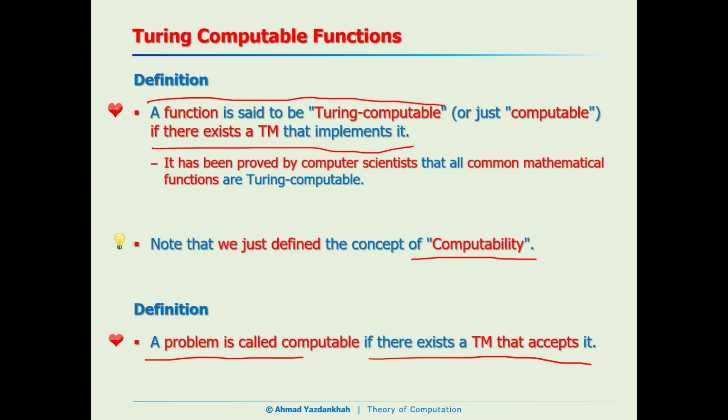And when we say a Turing machine accepts it, it means that the Turing machine solved that problem. So a problem is called computable if there exists a Turing machine that solves it, right? And this is the meaning of computability.